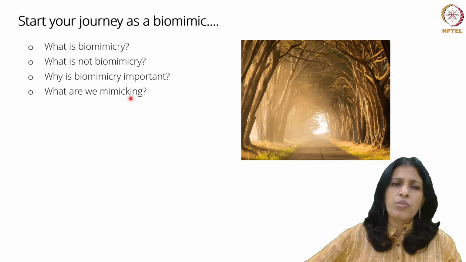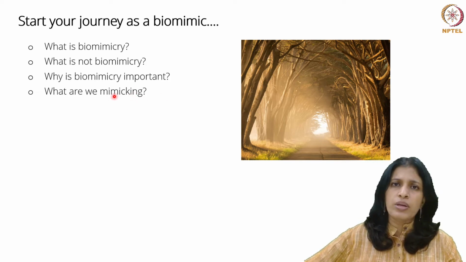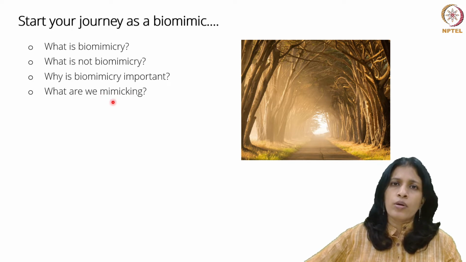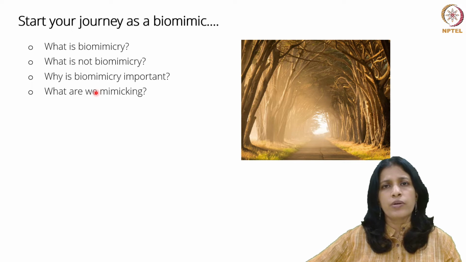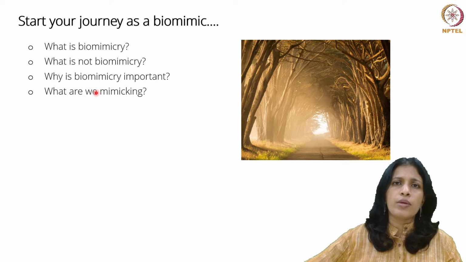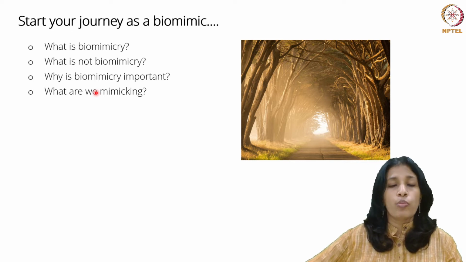What are we mimicking in biomimicry? Form, process, and system. I guess it will be easy for you if you just embed those examples in your head. Imitating form is the kingfisher and the bullet train, which was making a lot of sound, and then they imitated the kingfisher's beak shape in order to make less sound.